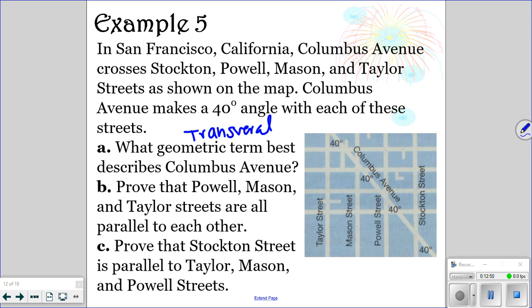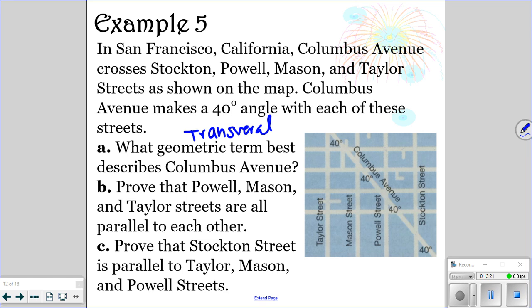And so since they are congruent corresponding angles, that means that those 3 streets have to be parallel to each other by postulate 12. And so you could do the same thing for 2 of them and then say the third one has to be parallel because it's parallel to the same line if you wanted to, but that's not really necessary. But they all 3 have congruent corresponding angles, and so that's why they are parallel to each other.